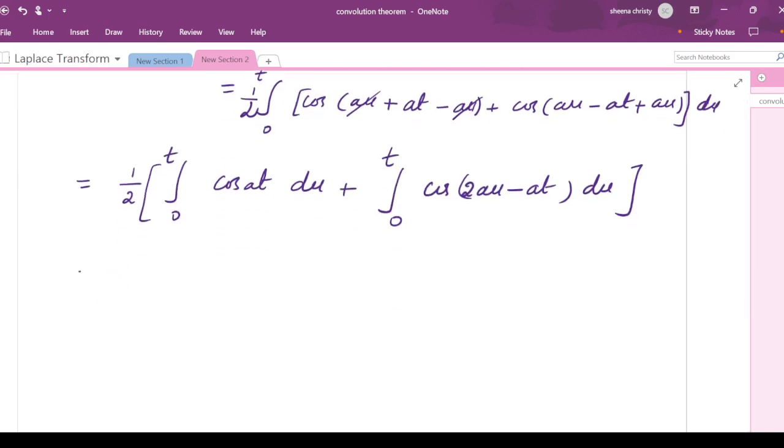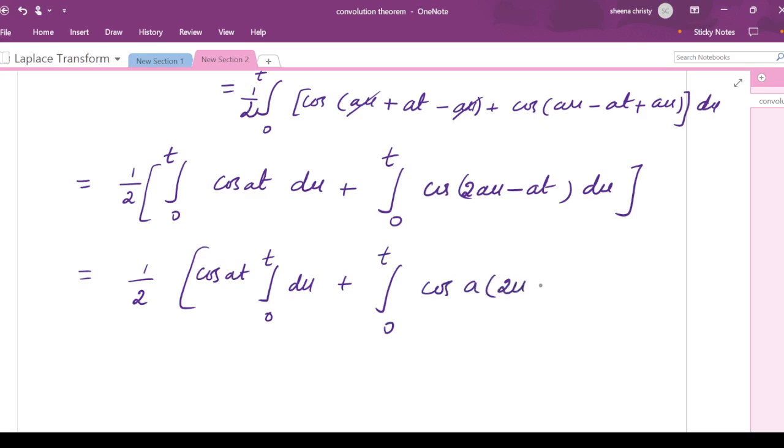Now what is the integration of du? It will be u itself, plus integral 0 to t cos of, I can take it outside, 2au minus at, into du.